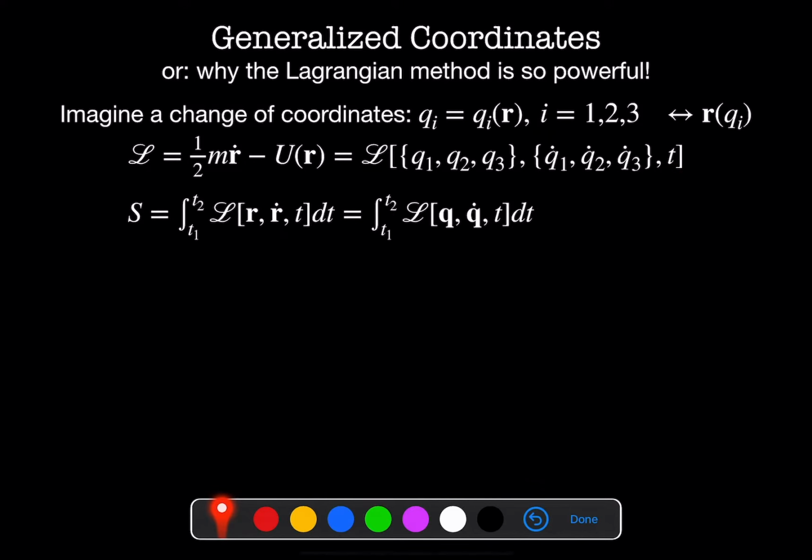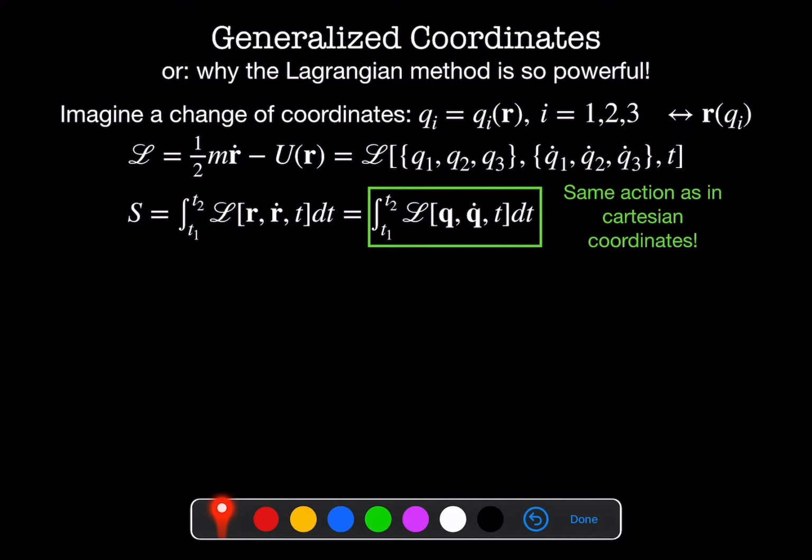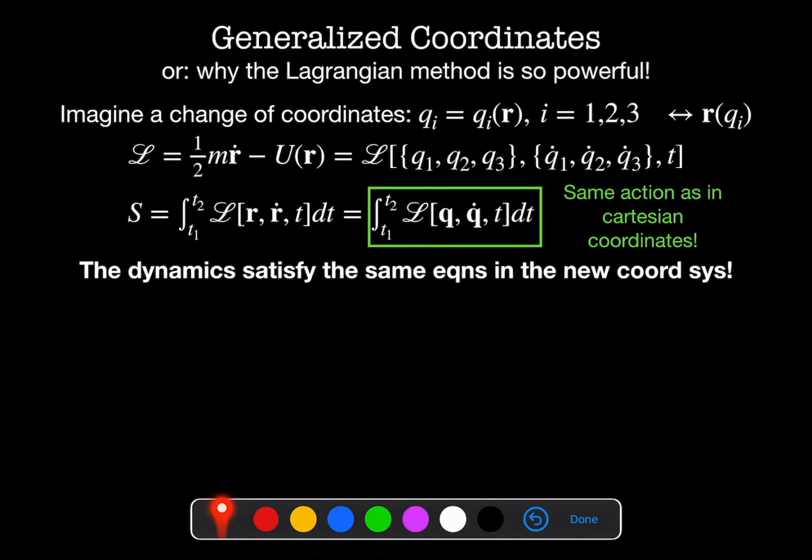What Hamilton's principle says is the action for my system, whether it is based on the Lagrangian expressed in terms of Cartesian coordinates or expressed in terms of these what are called generalized coordinates, is going to be the same. This action is the same as the action in Cartesian coordinates, so that means that the dynamics will satisfy the same equations in the new coordinate system. They have to satisfy the Euler-Lagrange equations.